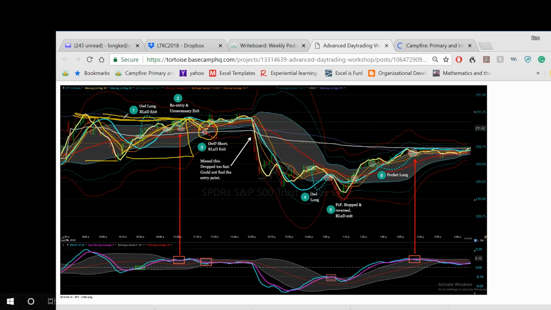That looks like a channel to me. And you're only talking about 50 cents, maybe 75 cents of a channel on a $300 stock. That looks like a channel to me. So I don't see that as an owl, but I don't mind that as a place to get short.